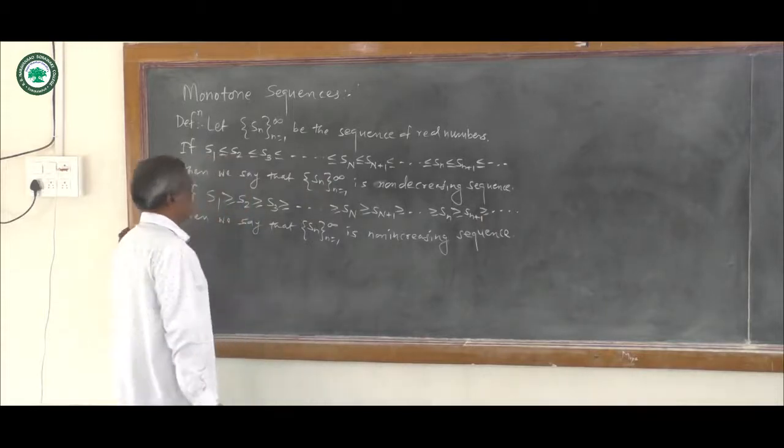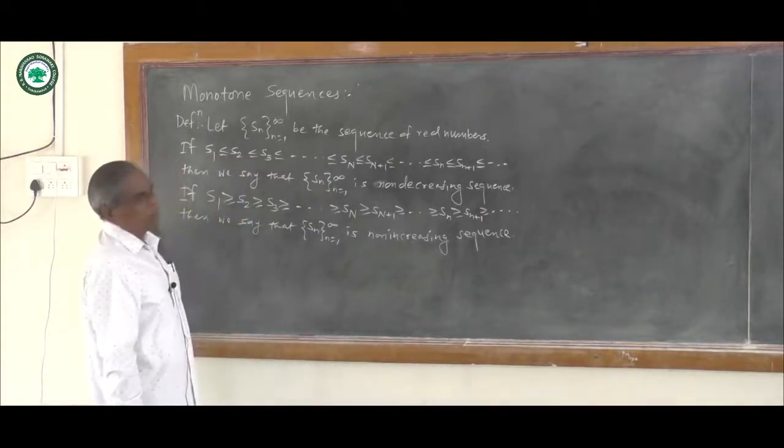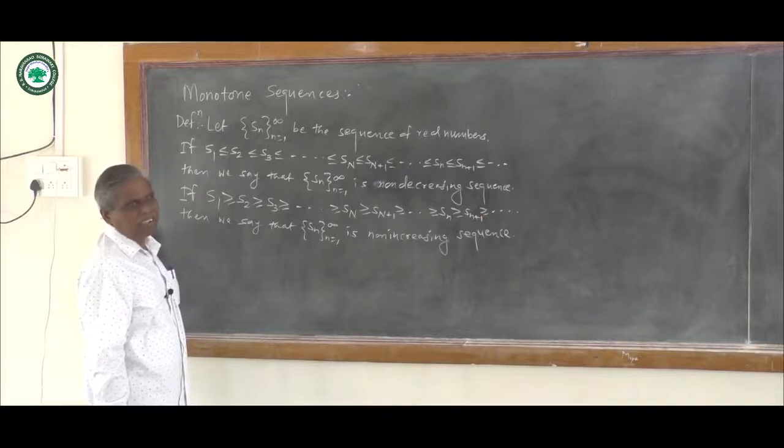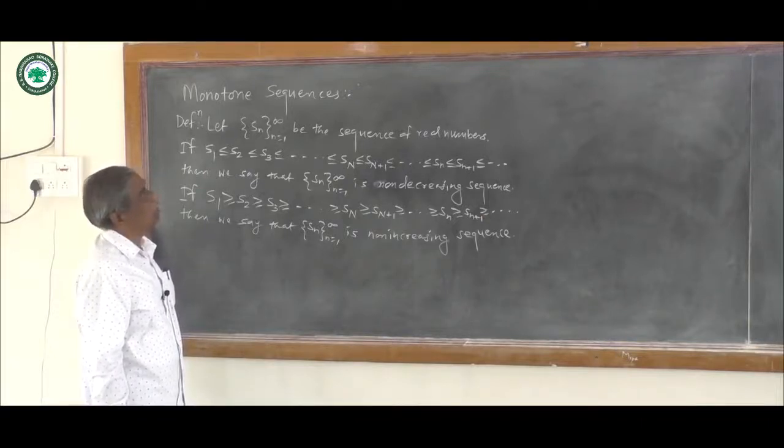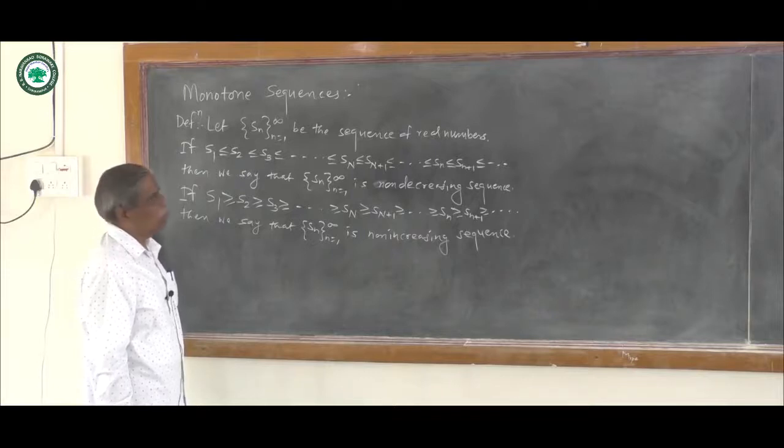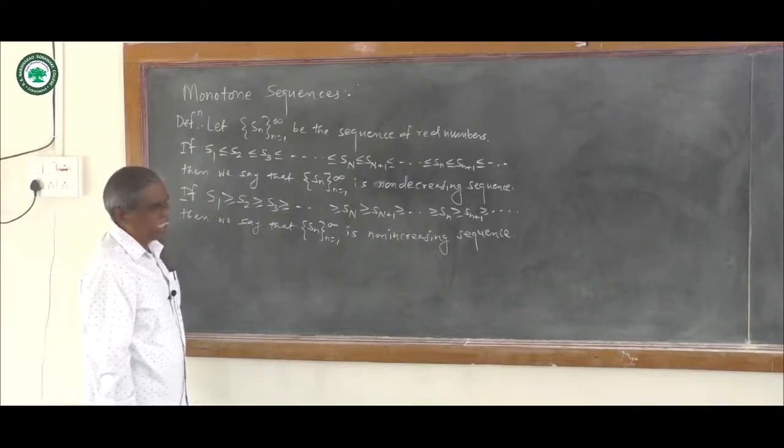A sequence S_n, n is equal to 1 to infinity, of real numbers is said to be a monotonic sequence if it is either non-decreasing or non-increasing or both.